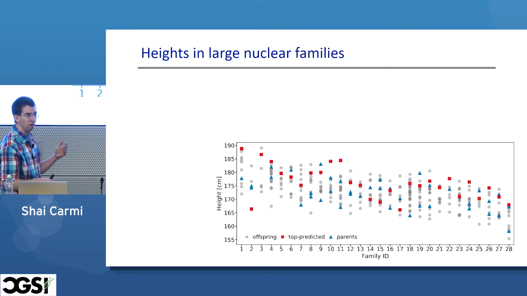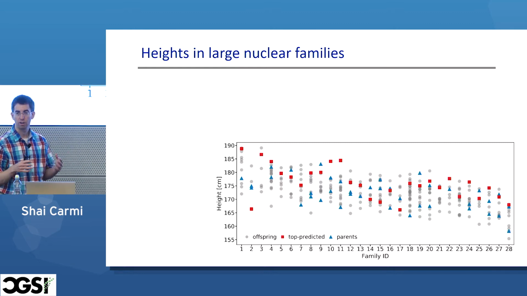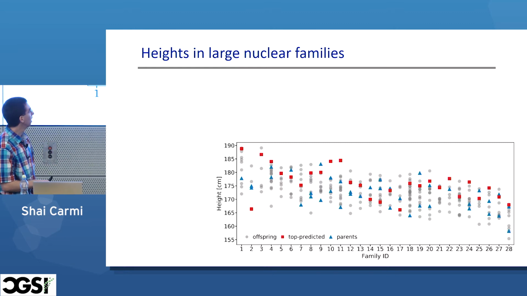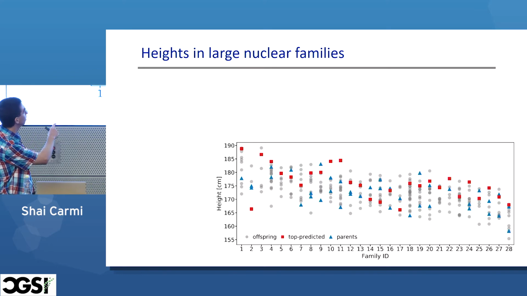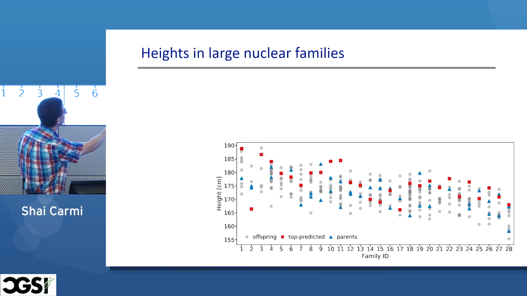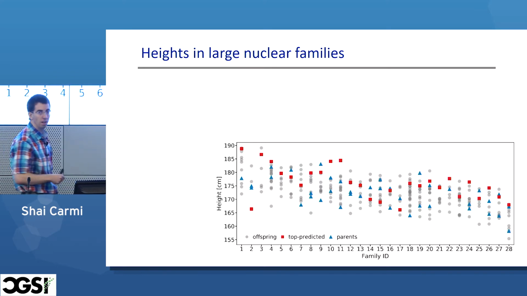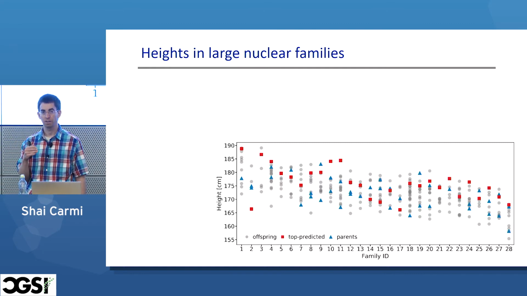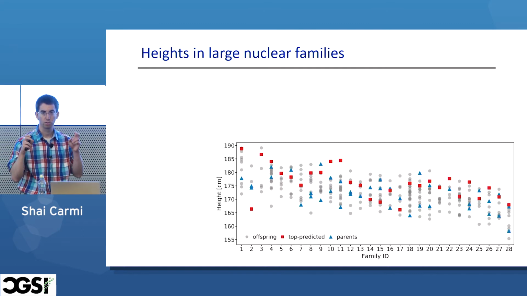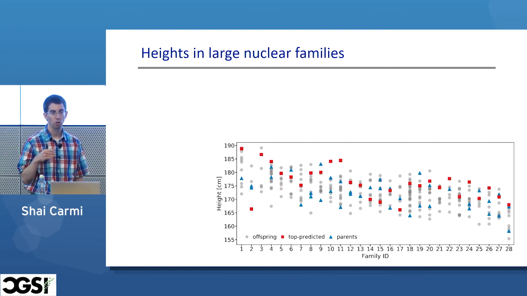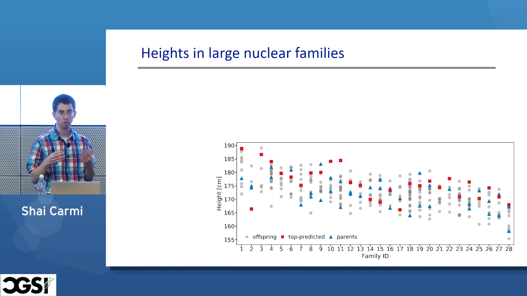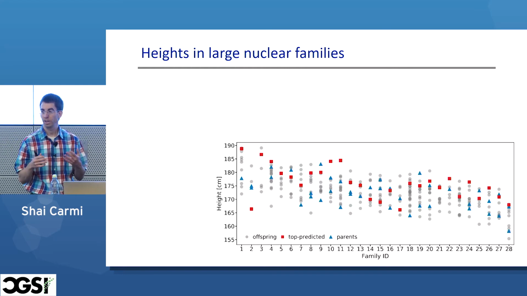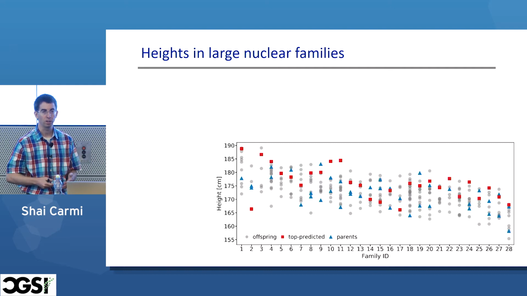But for some other families, there's a lot of variability. For example, look at number 2, or at 14 and 15. The child that had the best score actually ended up being shorter than the family average. This is because of all the genetic factors that we did not model, and the environment.